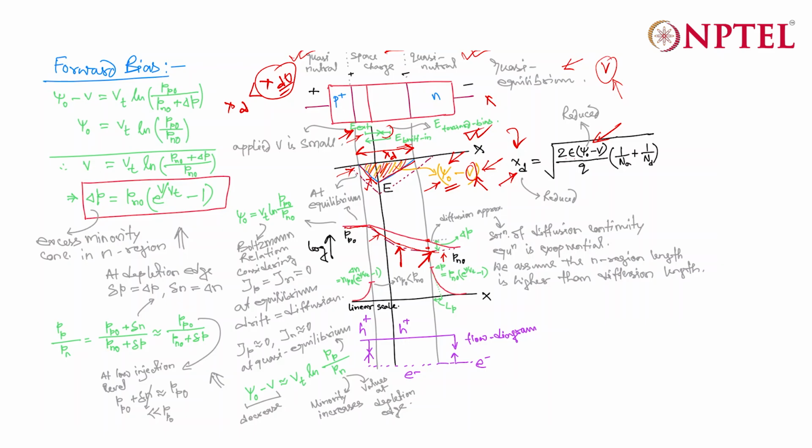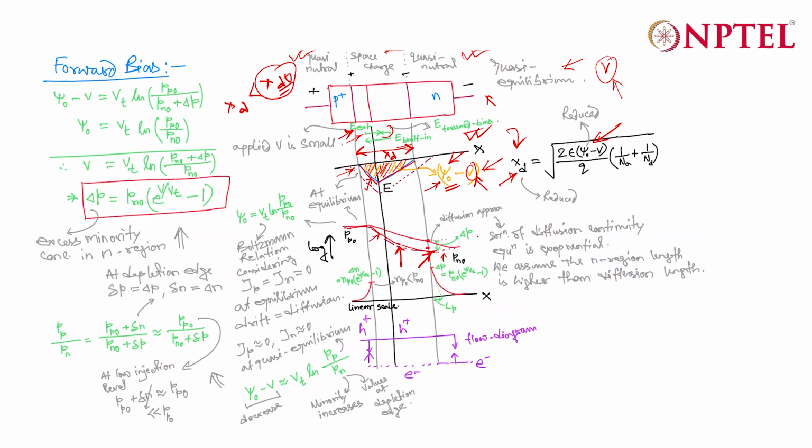Because we are considering low injection level. So here we are invoking another approximation, that is low injection level. We already have discussed under low injection level, majority carrier concentration remains constant. Only minority carriers concentration will get affected and they increase.